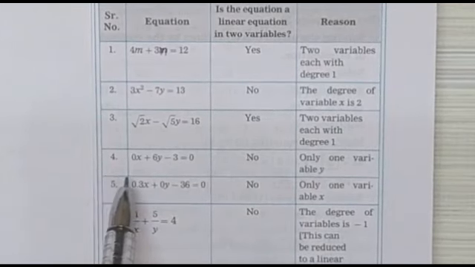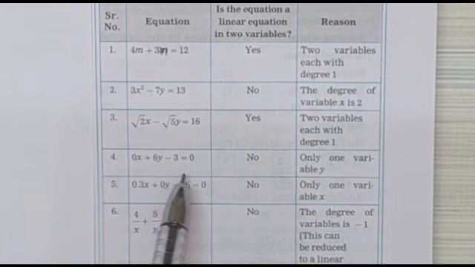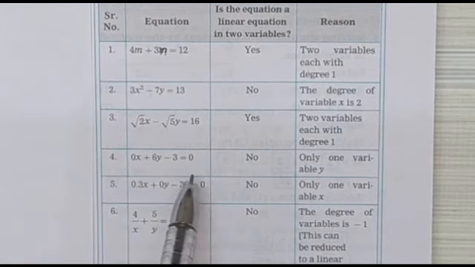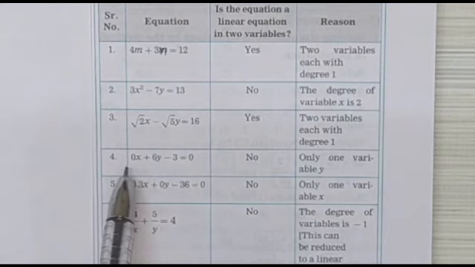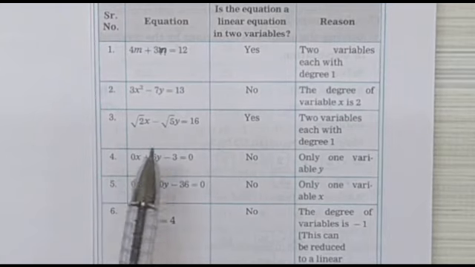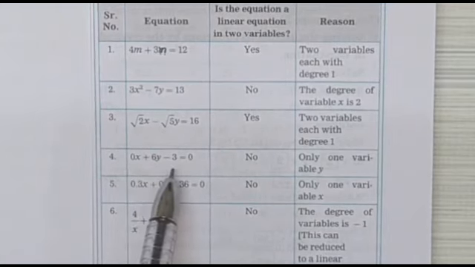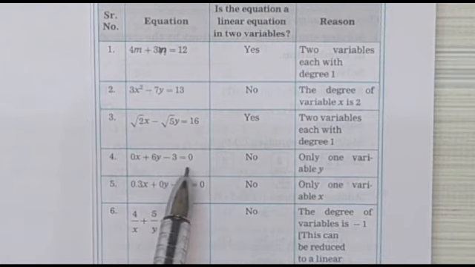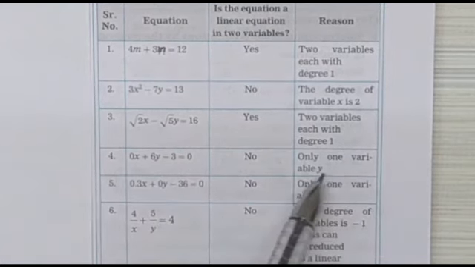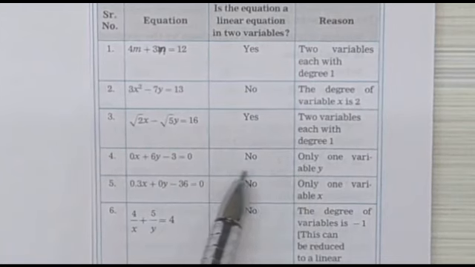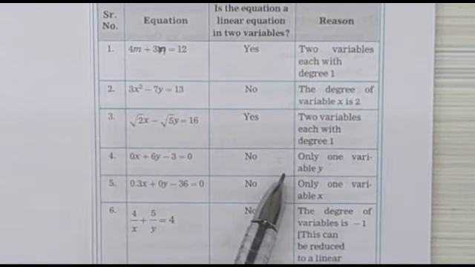In the fourth example, 0x plus 6y minus 3 is equal to 0. The coefficient of x is 0. Therefore, the equation will become 6y minus 3, which means there is only one variable y. Therefore, it is not a linear equation.